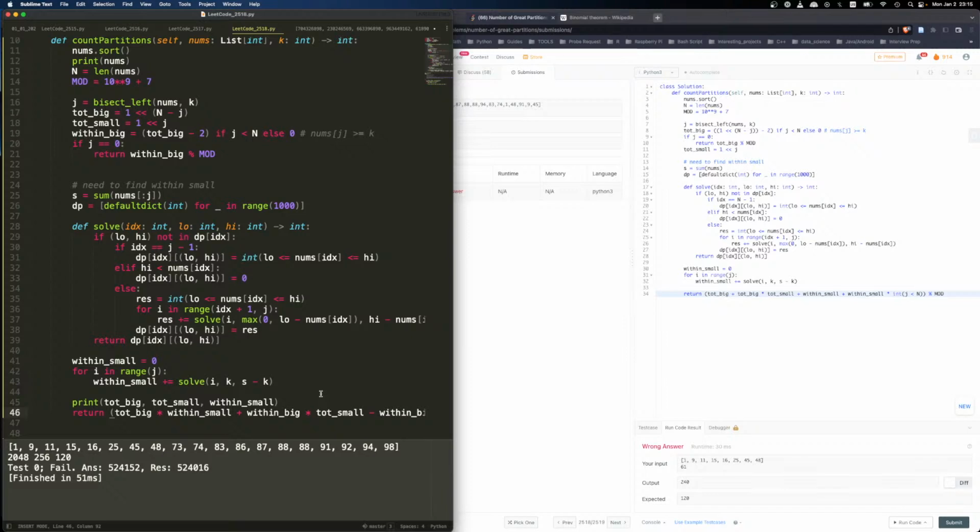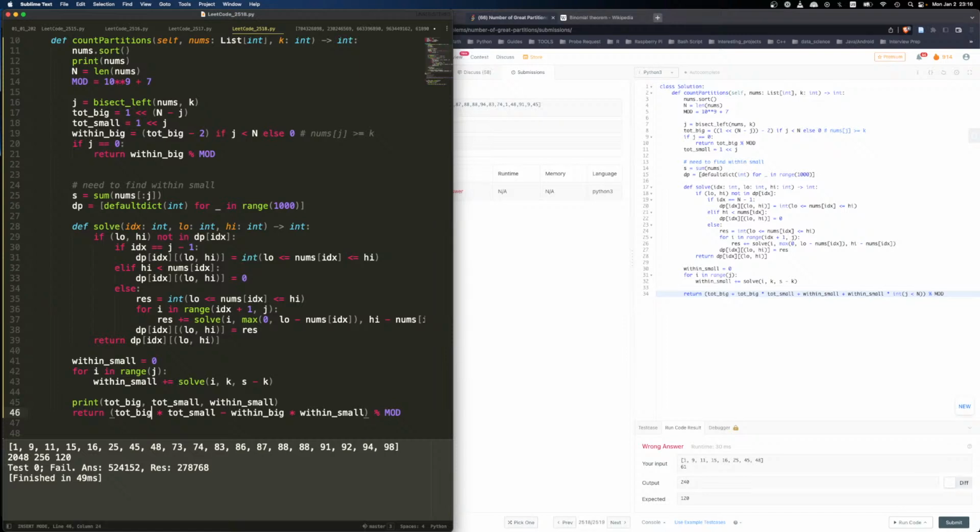How about this? Total big times total small, minus this. No, that's not within big. Total big is every combination, and every combination here.